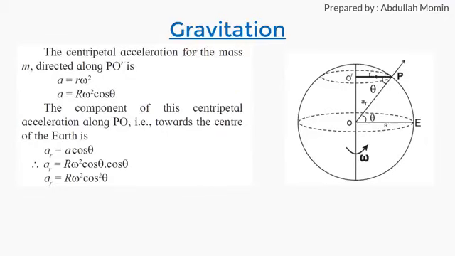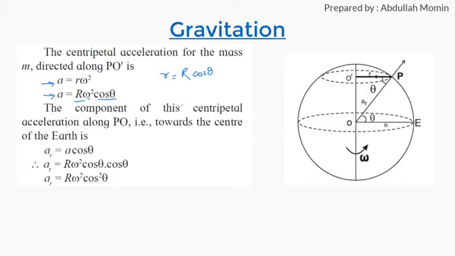So the centripetal acceleration for mass m is directed along PO. The centripetal acceleration, we have seen in chapter number 3, is r omega square, and we know that small r is equal to capital R cos theta. So it is R omega square cos theta.